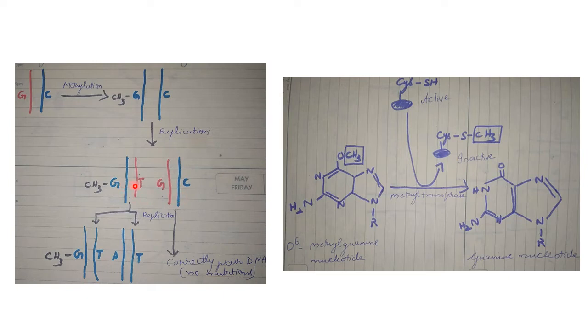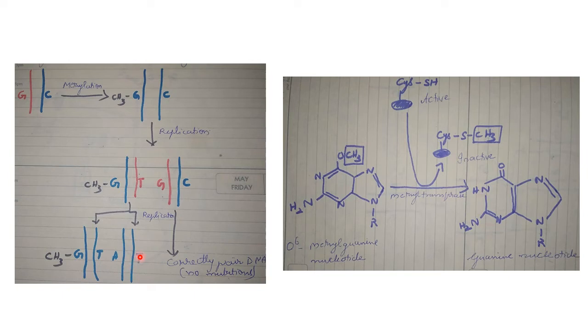And this mutated strand, if it undergoes replication again, you will see that it pairs with T and you will get a new combination of bases. That is, instead of GC pairing, you will get an AT pairing. So that is what is happening.